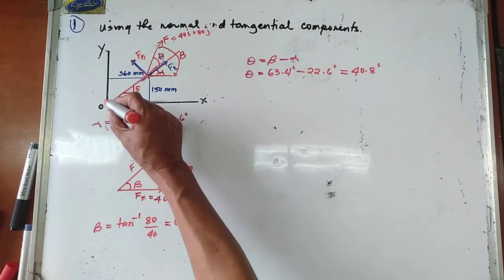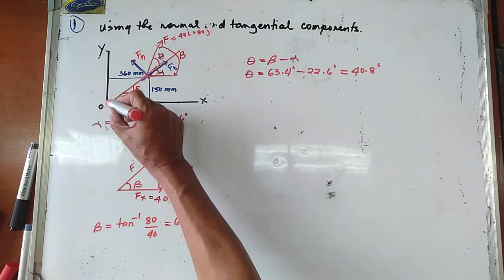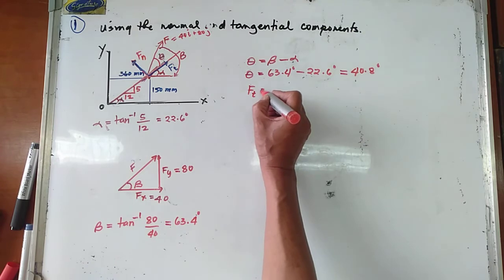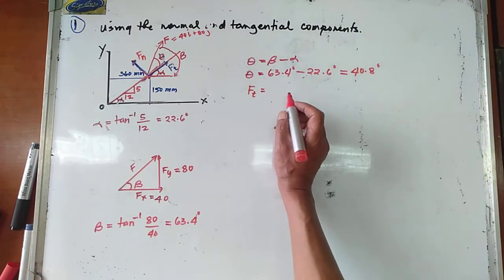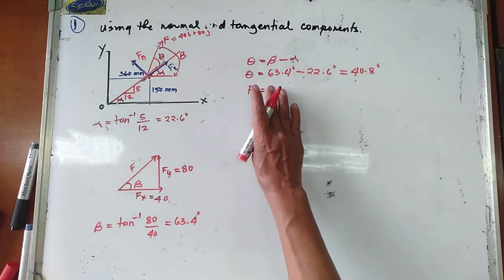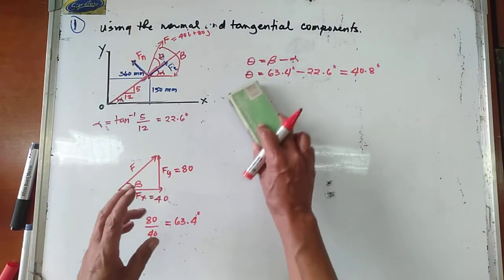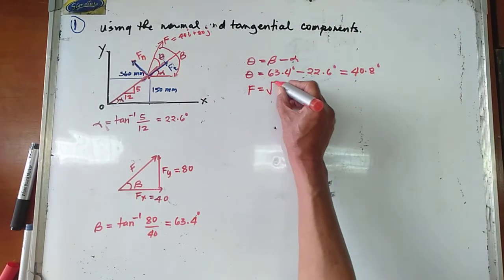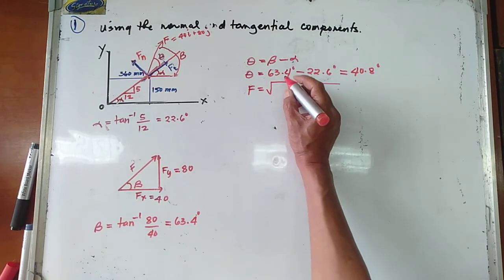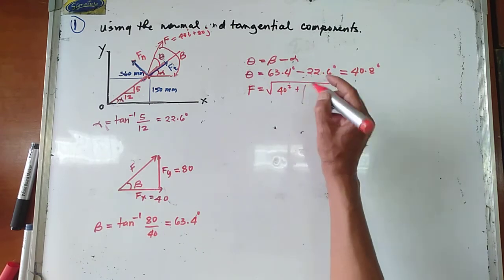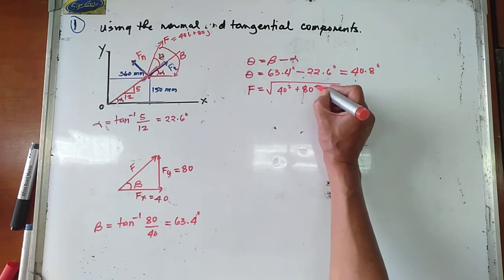Let us try to determine now the tangential component. So we did consider this one from your point O. We have the tangential component of the force F. So let us try to determine the magnitude of the force F. The magnitude of F is equal to the square root of Fx squared, so that is 40 squared, plus Fy squared, or 80 squared.